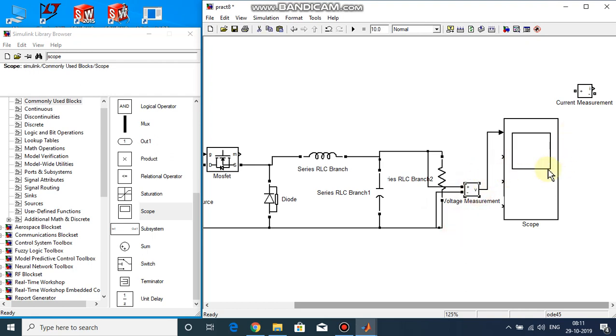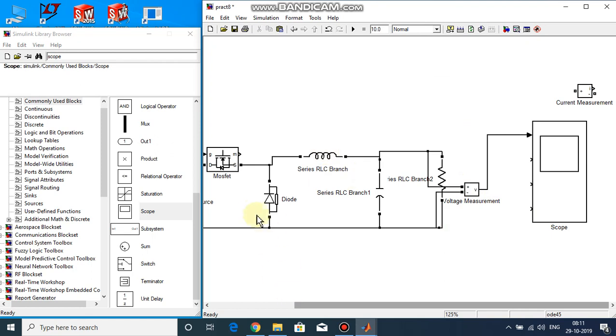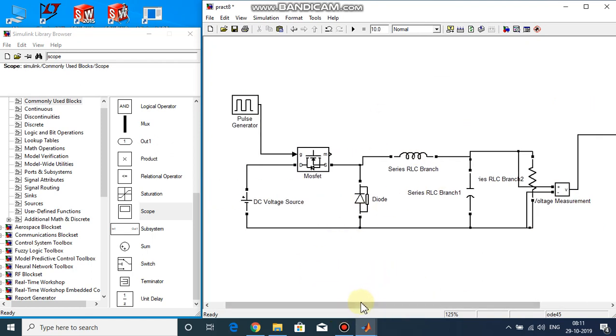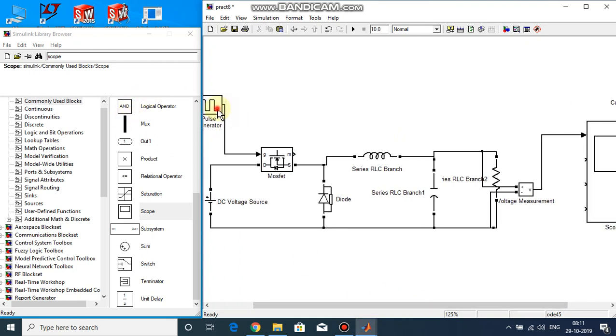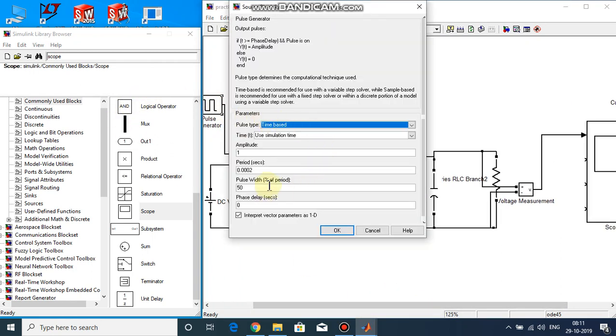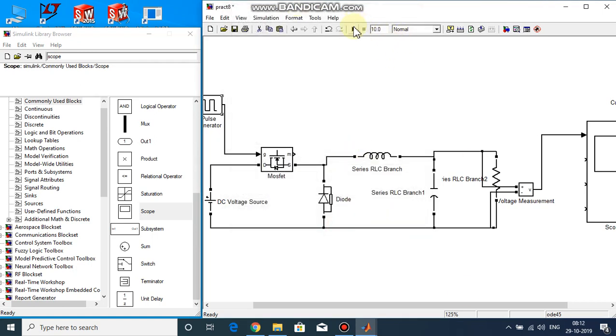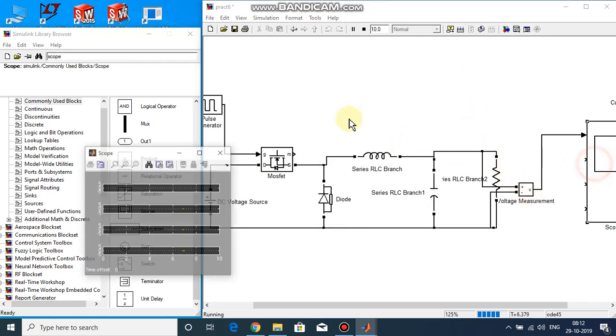That's our oscilloscope, and we're pretty much done with this. We'll keep the duty cycle, or the pulse width, at 50% for now. With a 50% duty cycle, we expect our output to be around half of the input voltage. Our input voltage is 100, so our output should be around 50 volts.